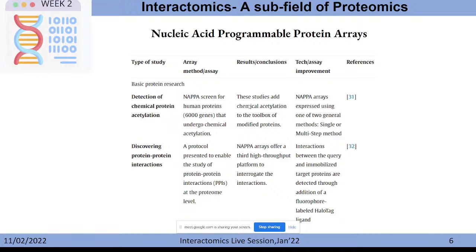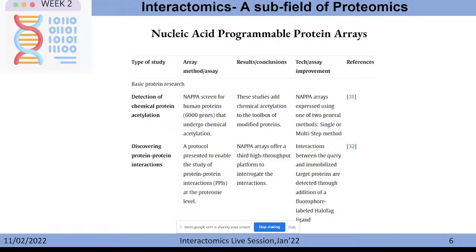So you can understand that you can add chemical acetylation to the toolbox of your modified proteins, and study the acetylation, the acetylome profile, of all the proteins present in human beings.